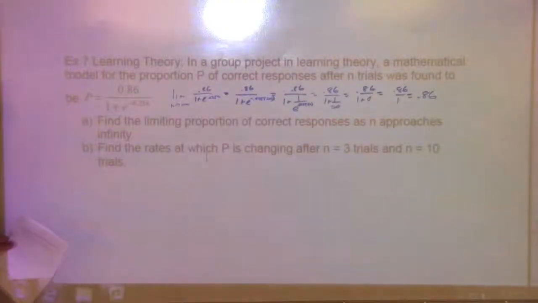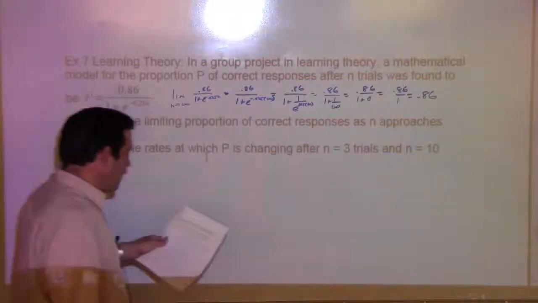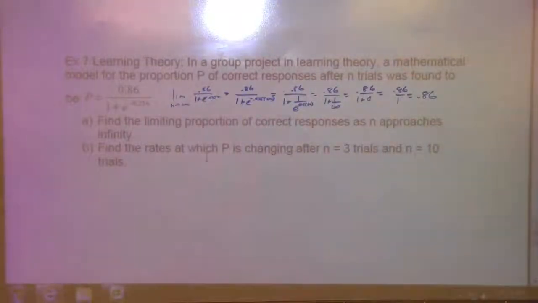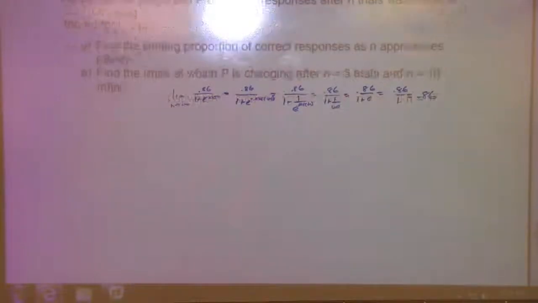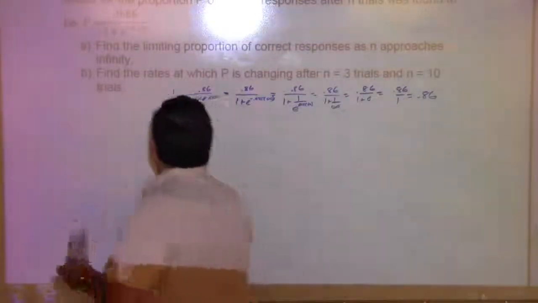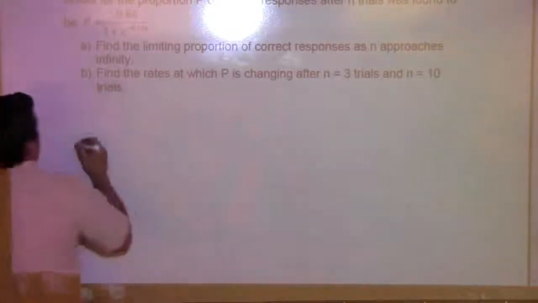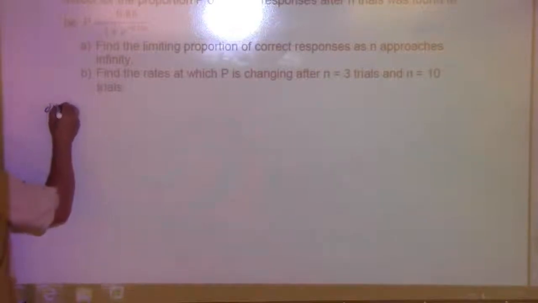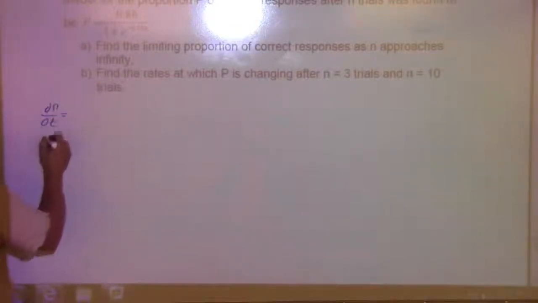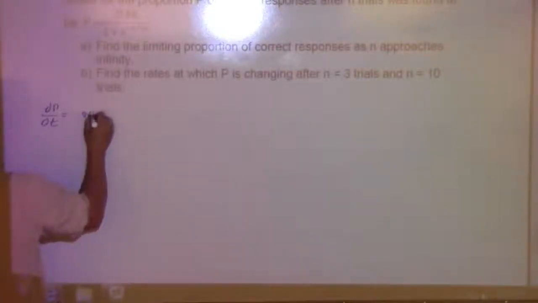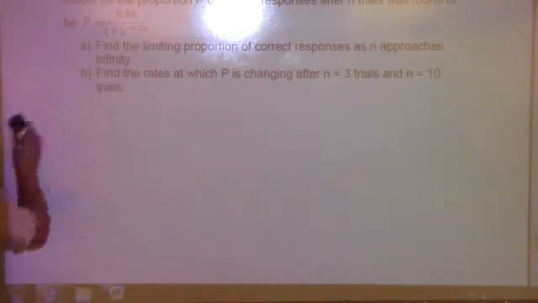Find the rates at which P is changing after n equals 3 trials and n equals 10 trials. So for B, I'm going to scroll this up a little bit and erase this part. Okay, so our dp dt, or p prime, is going to be this derivative. Let me back up. Let me redefine p.